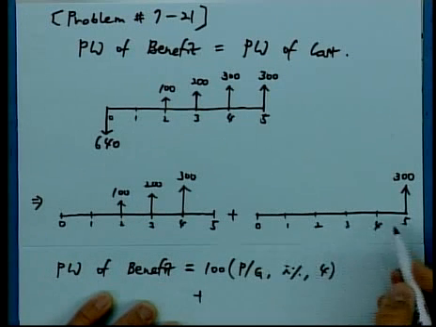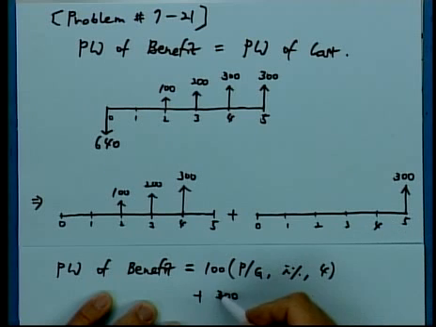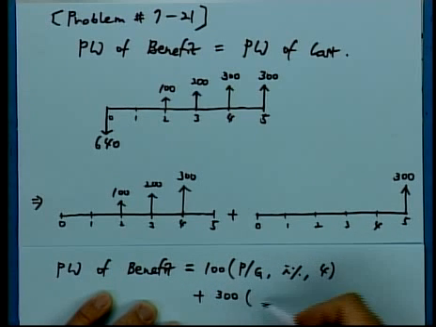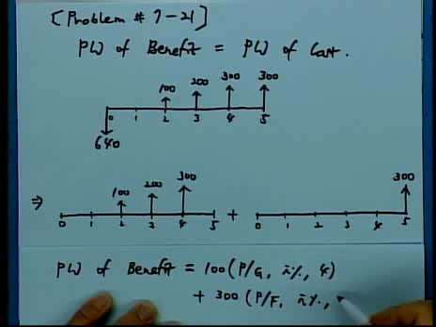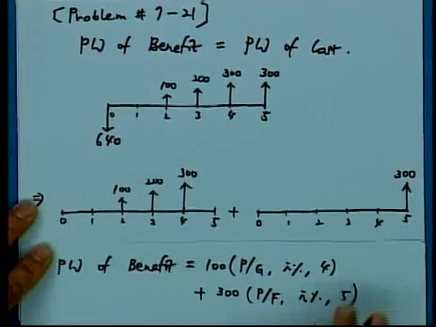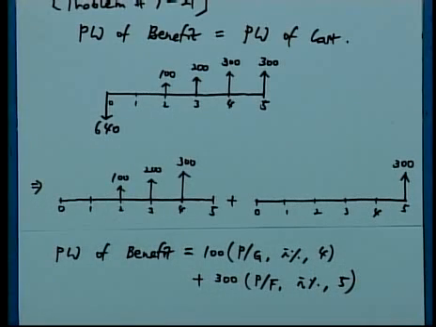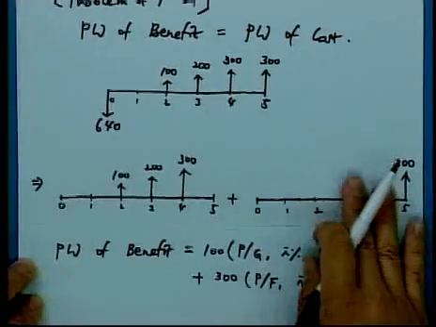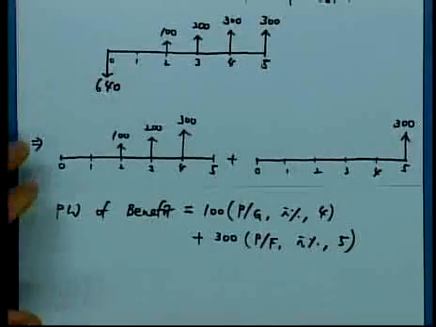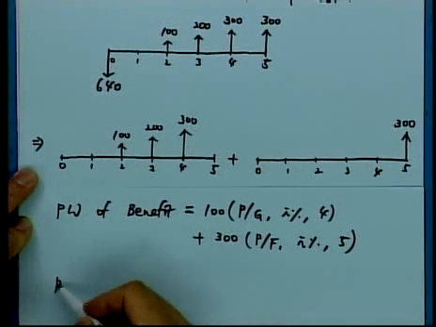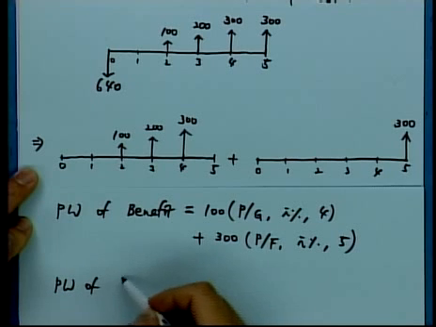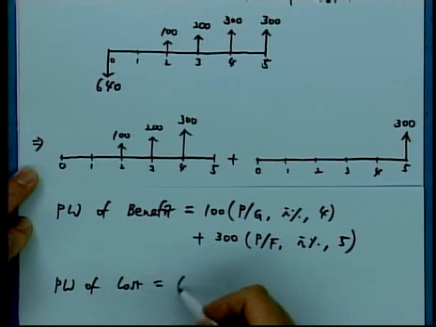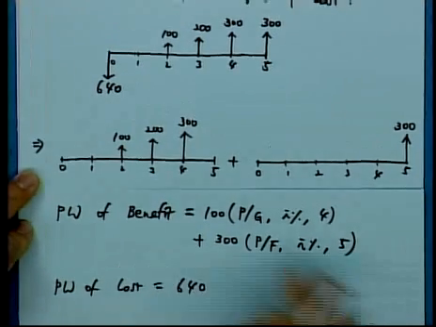Plus 300 P given F I% over 5 periods. Is that right? Of course, the present worth of cost is just $640. Present worth of cost is $640 from here.